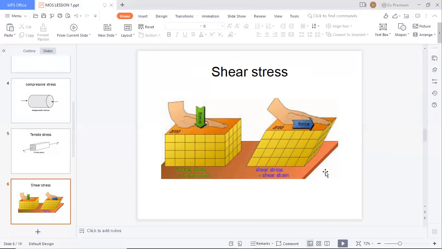This is called shear stress. So shear stress means the shear force by the area.